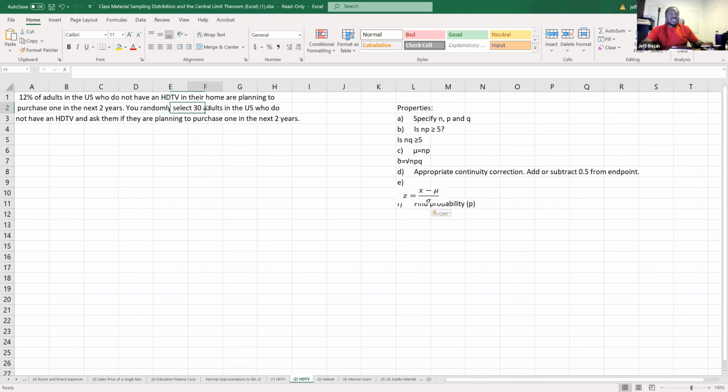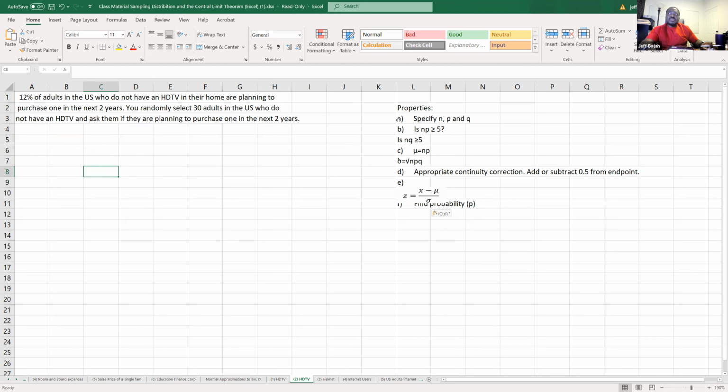You randomly select 30 people who do not have HDTV and plan to purchase one in the next 2 years. Now, in your exam, I'm going to say use normal approximation of binomial distribution. I'll add it so that you know what to do to solve a question like this. So that will not be a problem in the exam.